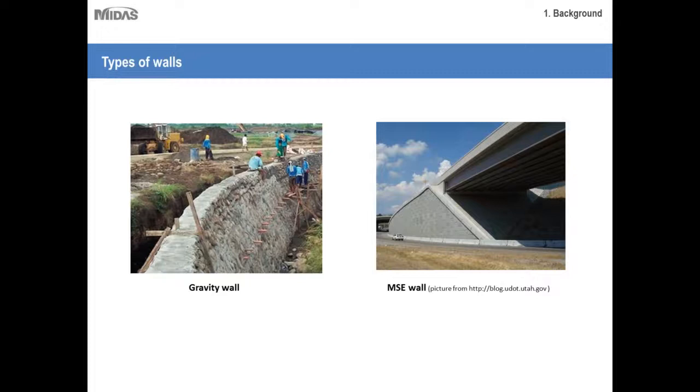So this is chapter 1, where we'll be discussing retaining wall background. As you can see in this slide, on the left side we have the gravity wall, which is primarily used for sustaining different types of slopes with different applications.